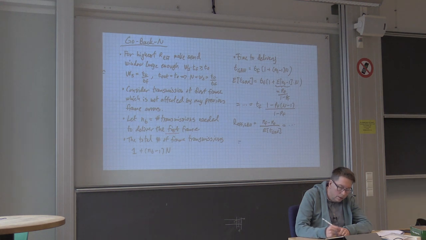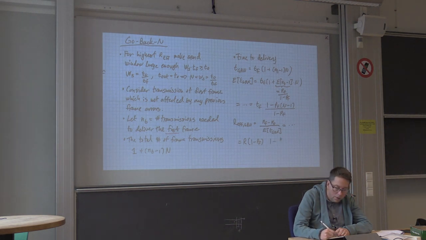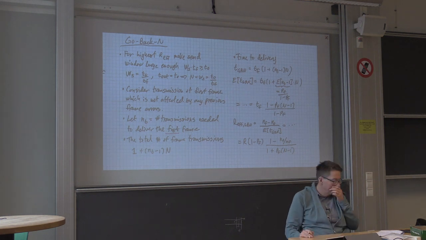And then there is some routine algebra, and at the end of the day, it's capital R times 1 minus PF times 1 minus N0 divided by NF, divided by 1 plus PF times N minus 1.